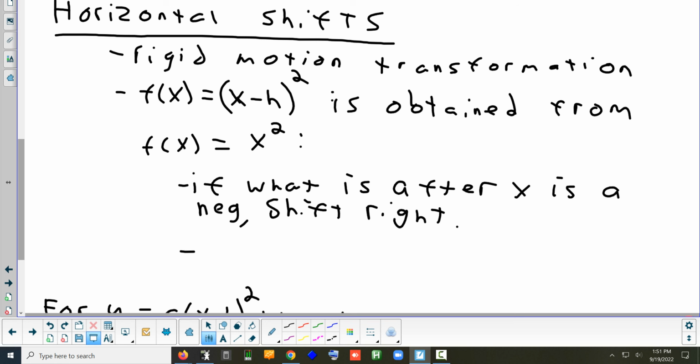If what is after x is a positive, shift left. Or I could have said if the number after x is a negative. That probably would have made more sense even.